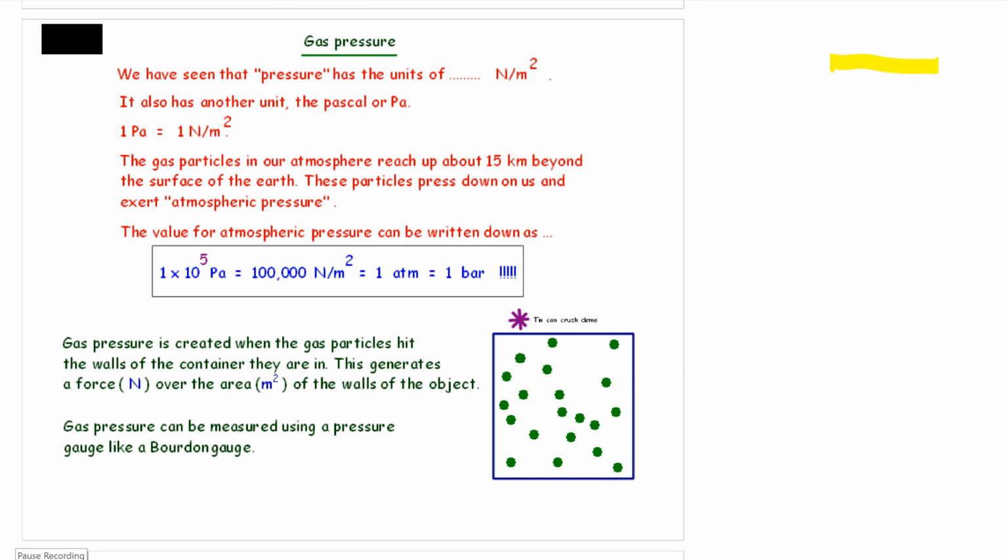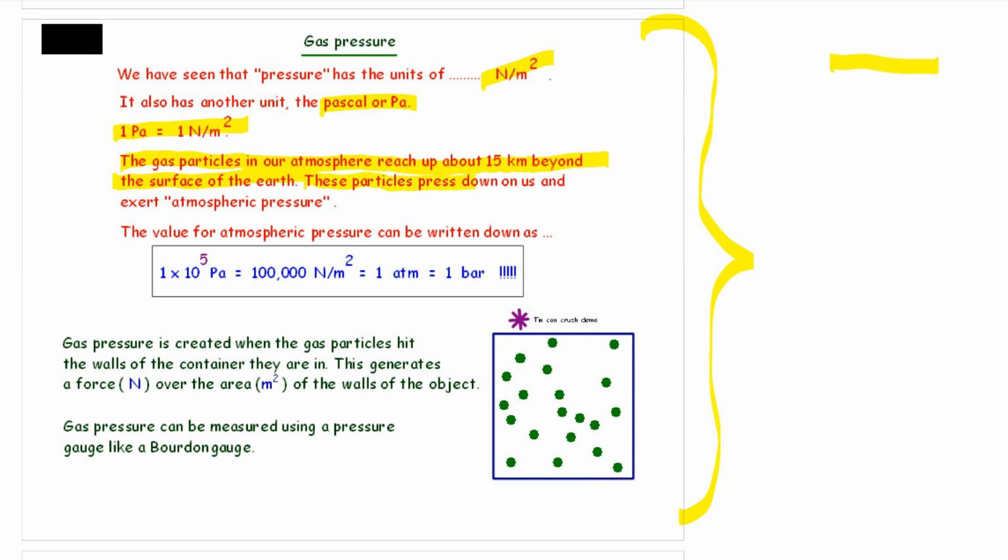This page here, I'd like you to write out. We've seen that the units of pressure are newtons per meter squared. There's another unit called the Pascal, or Pa. 1 Pascal equals 1 newton per meter squared. Atmospheric pressure. Well, gas particles in our atmosphere reach up about 15 kilometers beyond the surface of the Earth.